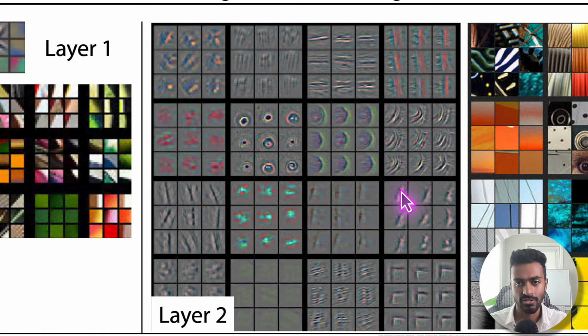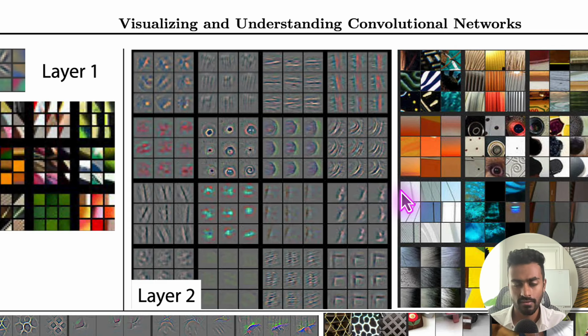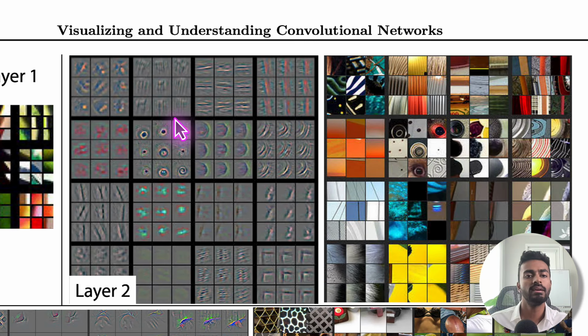Now let's move on to layer 2. Here we are visualizing 16 feature activations. And for each of these 16, we're looking at the top 9 images. So in this, we can see that there's a good sense of color that is detected by these specific feature maps.